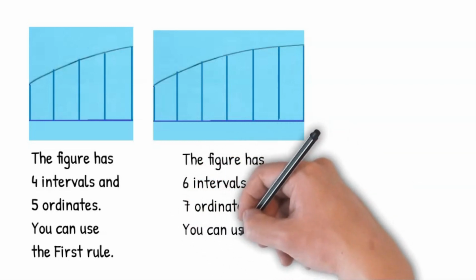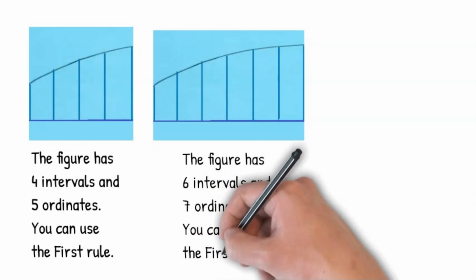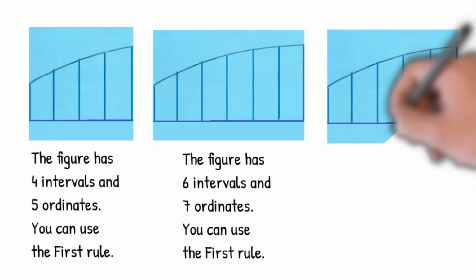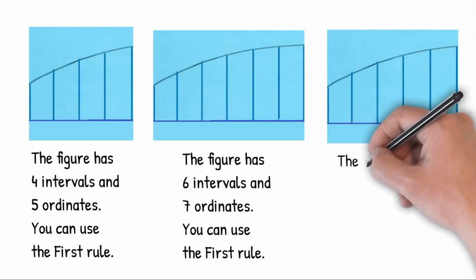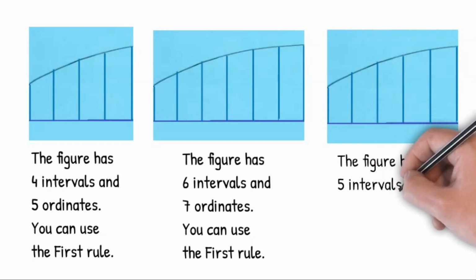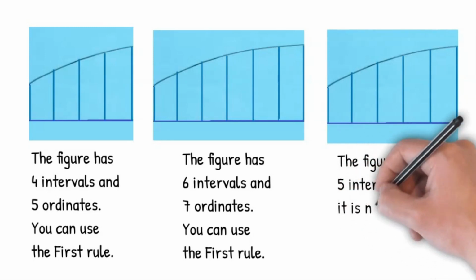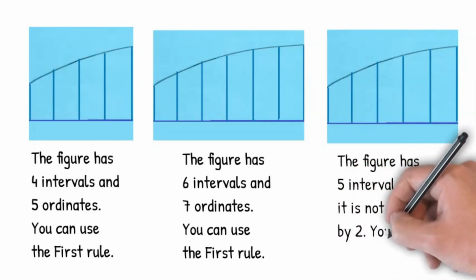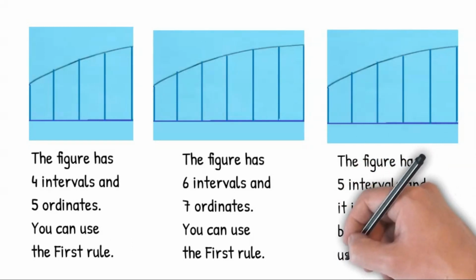You can also use the first rule. The figure has 5 intervals, and it is not divisible by 2. You cannot use the first rule.